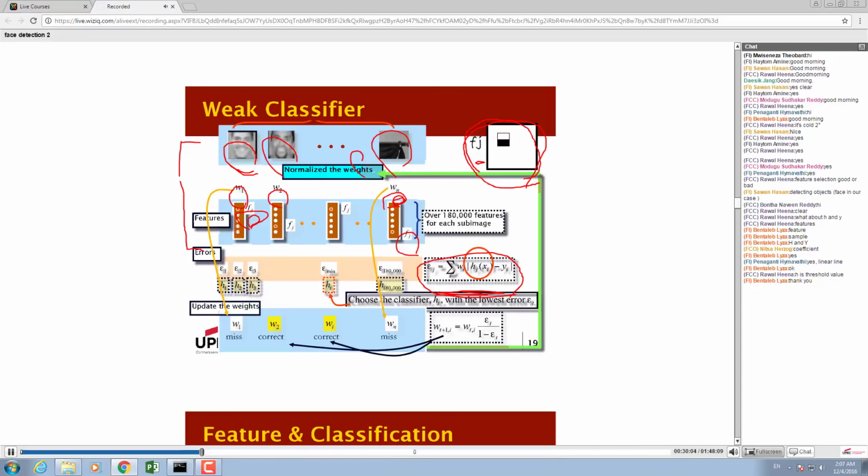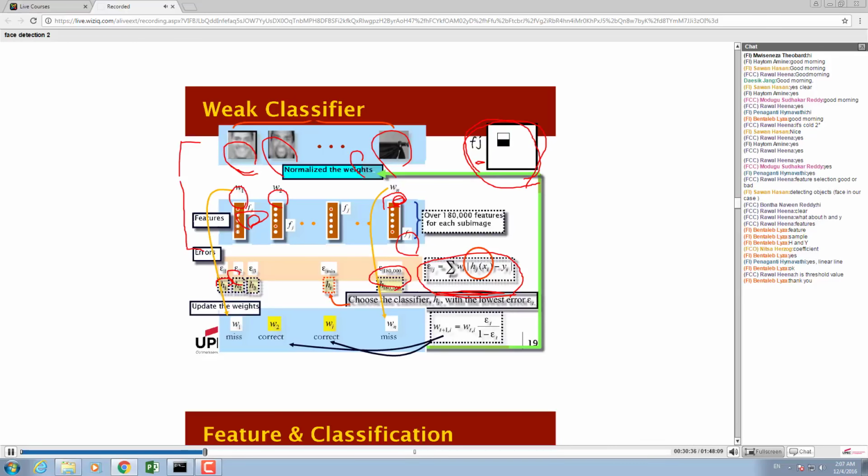So this EJ will be the error of FJ. Every F will have its own error, like E1, E2, E3, and E180,000. We have so many errors because there is one per feature.